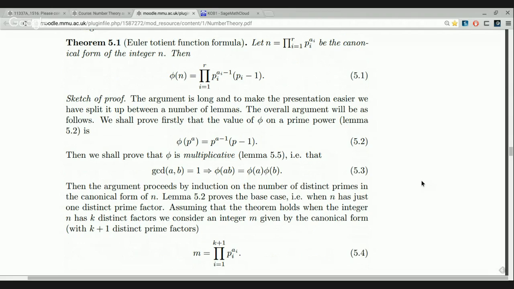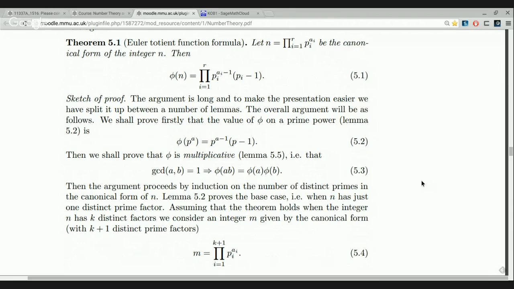Well, this is a similar kind of structure, but in a different context. Here, we're imagining ourselves in this multiplicative structure of integers under multiplication. So a function is multiplicative if phi of a product a times b is equal to the product of the individual phi values, phi of a times phi of b.